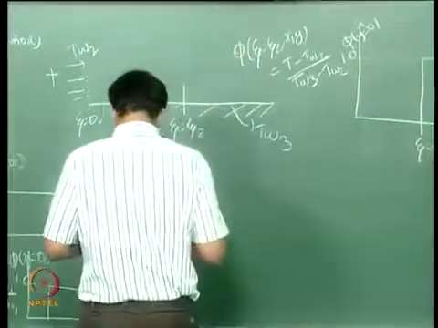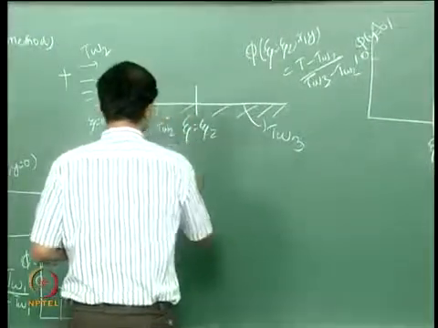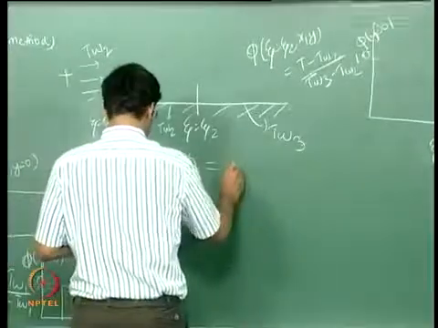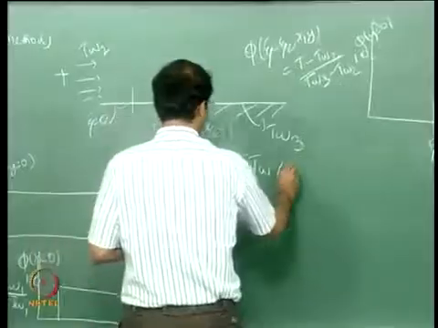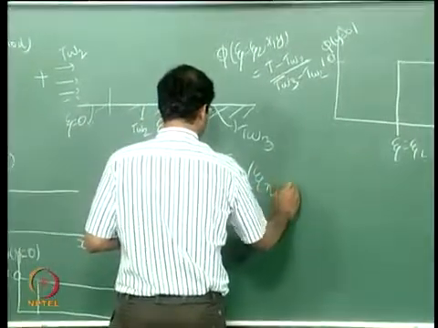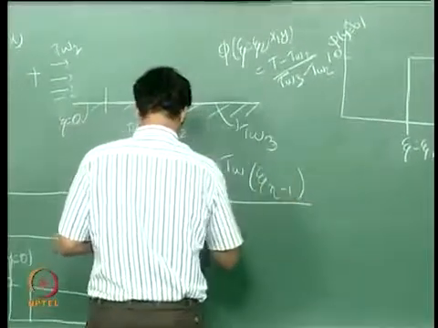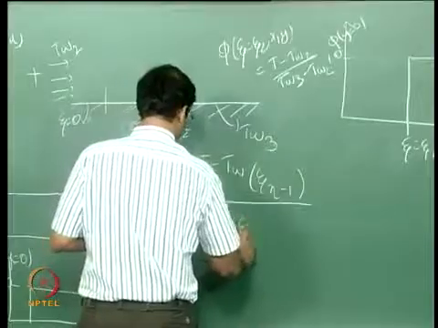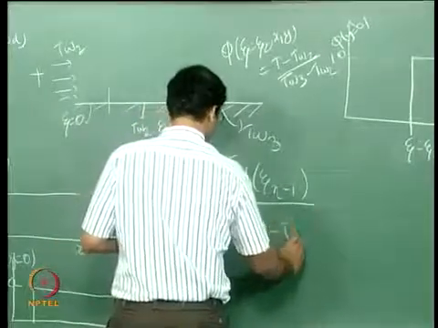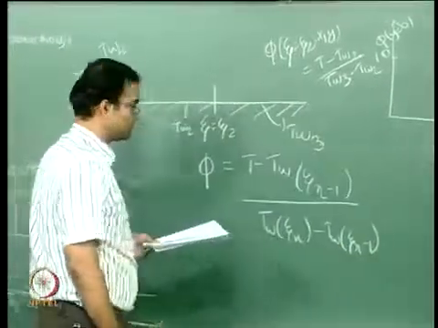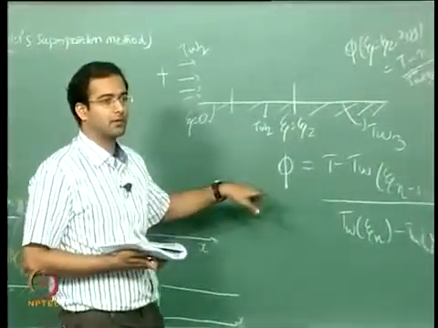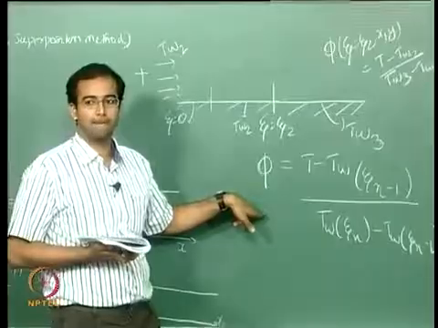So therefore you define your phi in generic terms as T minus T wall zeta n minus 1 by T wall zeta n minus T wall zeta n minus 1. This is your generic formula for defining your non-dimensional phi.